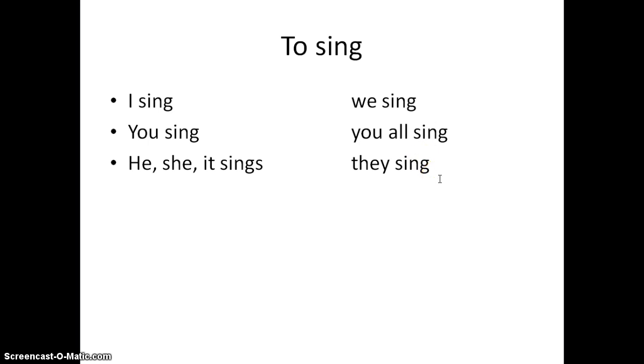My point is that since they all look the same, if I didn't use the I in front of sing, can you tell me who sings? No, because this sing could be the same as this one, or that one, or that one. So in English, we have to have the subject pronoun in front of the verb in order to conjugate the verb and to understand one another.